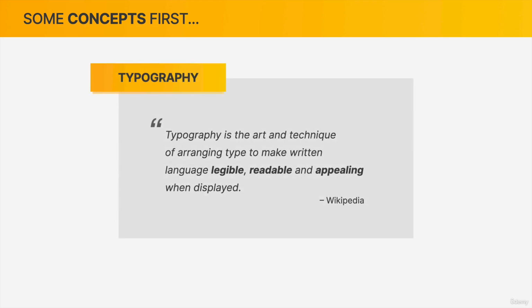So according to Wikipedia, typography is the art and technique of arranging type to make written language legible, readable, and also appealing when applied. Or in other words, typography is all about making text beautiful and easy to read. Next, we need to talk about serif and sans serif typefaces.